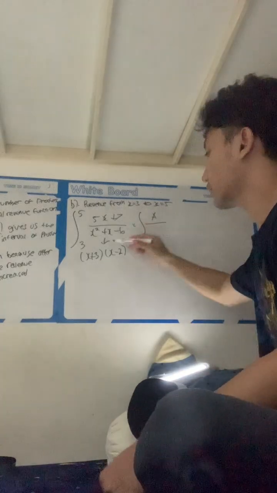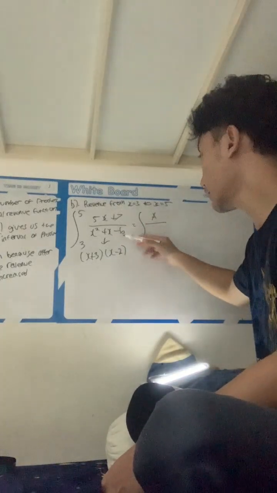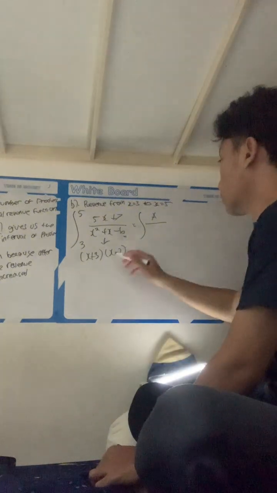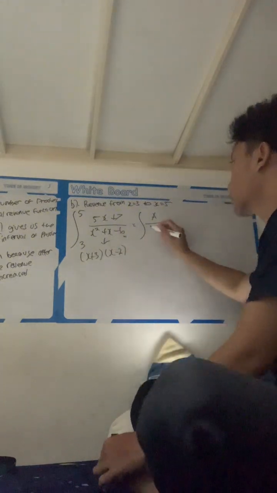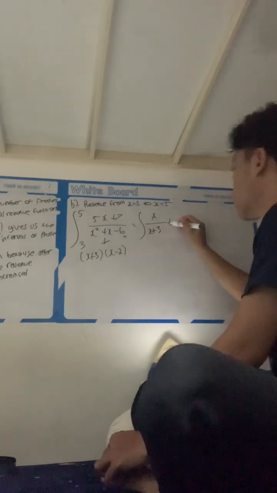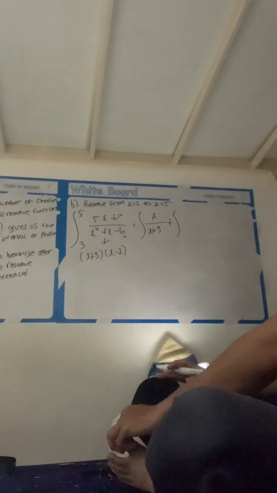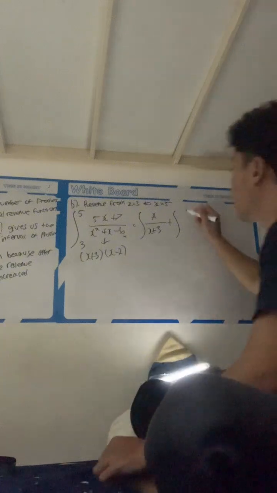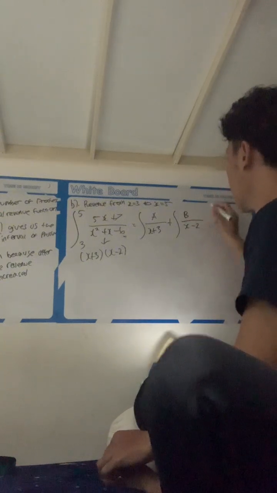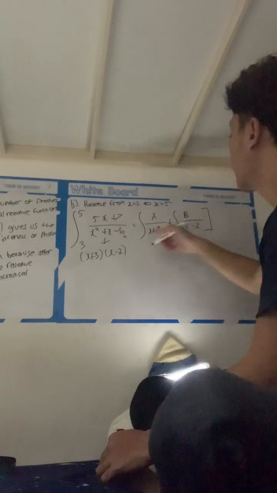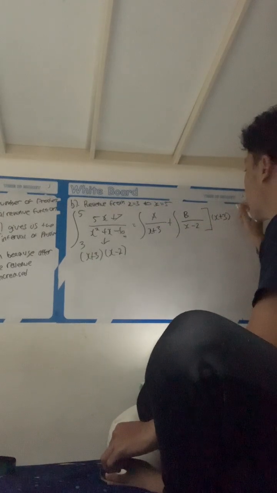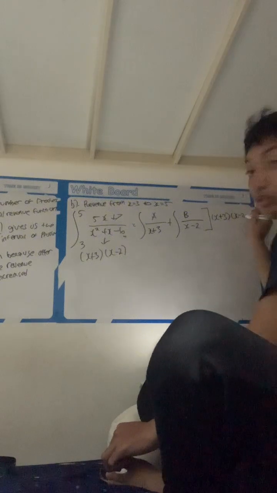We transform this into partial fractions first, so we get A over (x plus 3), and as usual plus B over (x minus 2). We will multiply the function by this and (x minus 2) here.